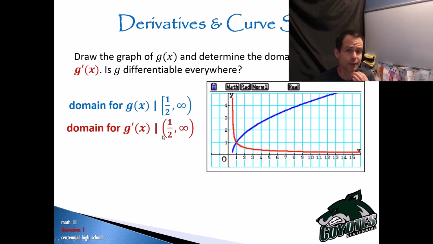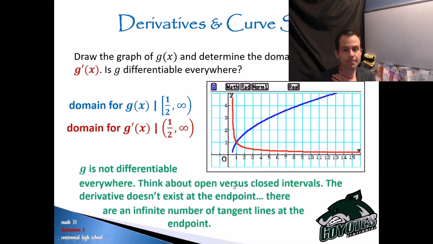But for this guy, we end up with a vertical asymptote at 1/2. So take a very close look at the difference here. In the original, x could be 1/2, but in the derivative, x can't be 1/2. And because of that, g is not differentiable everywhere.